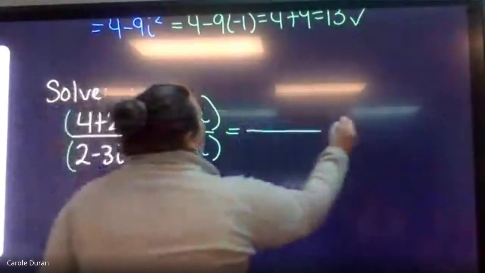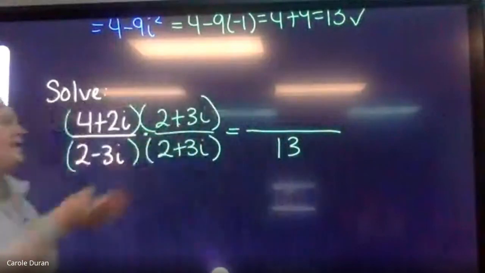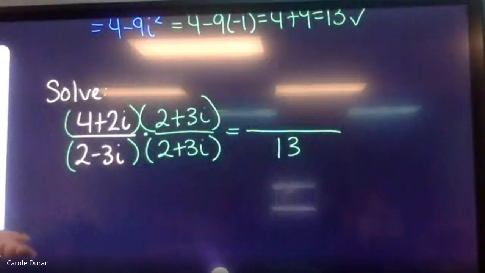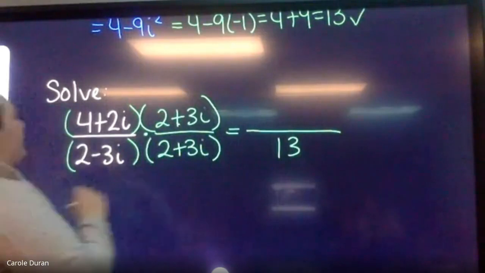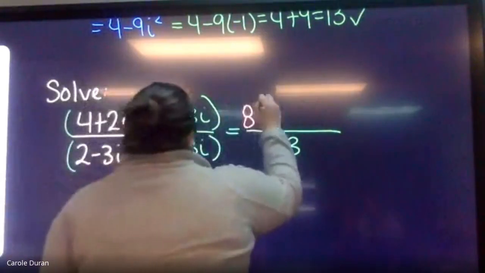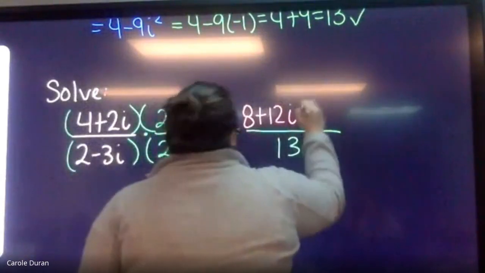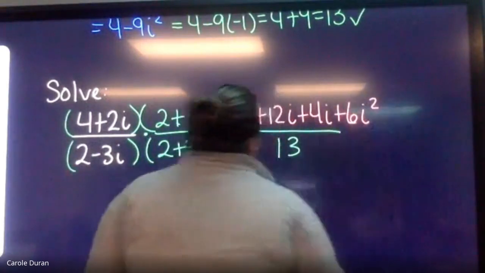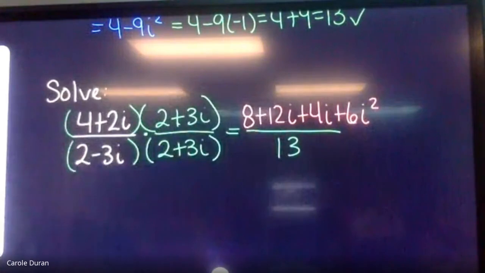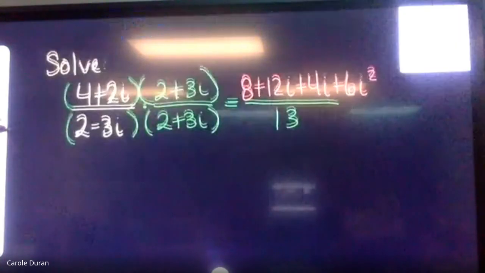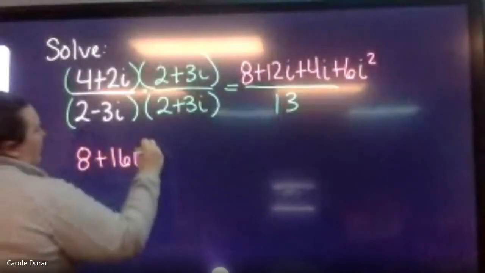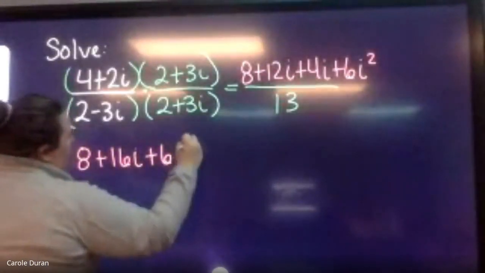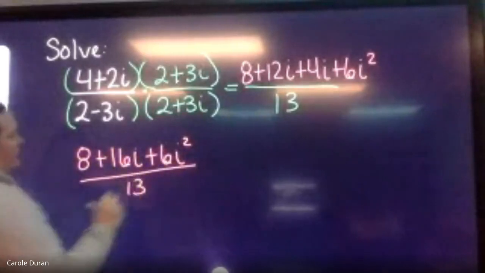So all I have to do now is FOIL out the top. Half as much work. When I FOIL out the top, I get 8 plus 12i plus 4i plus 6i squared. I combine my terms to simplify, and I get 8 plus 16i plus 6i squared over 13.